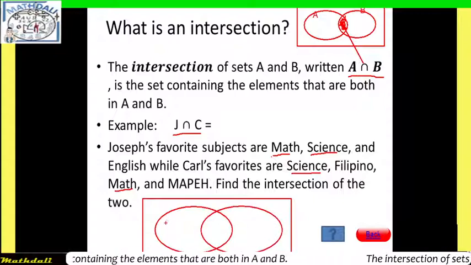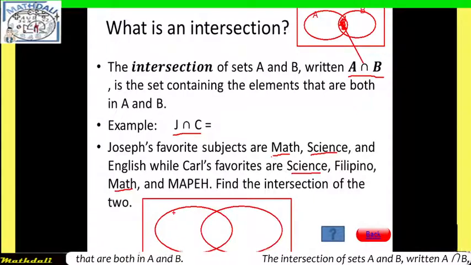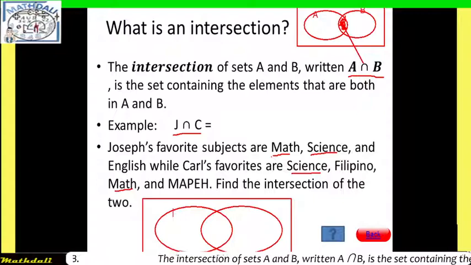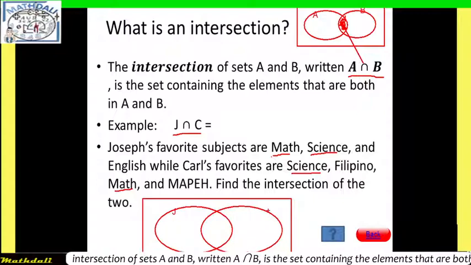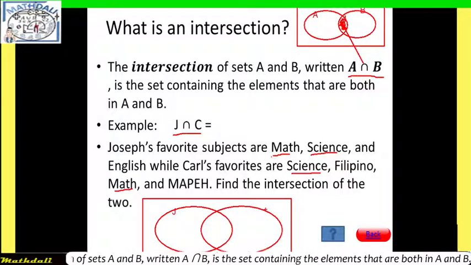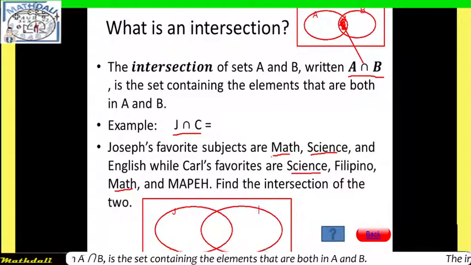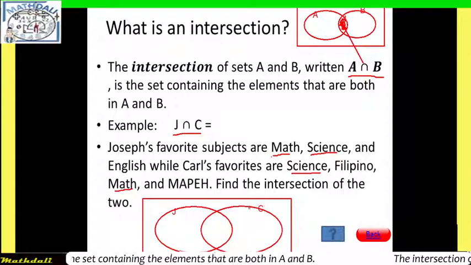Identify natin ang mga favorite subject ni Joseph. So, i-name muna natin ito as favorite subjects of Joseph, let's say set J. Then we also have the favorite subjects of Carl, say set C. We have math.